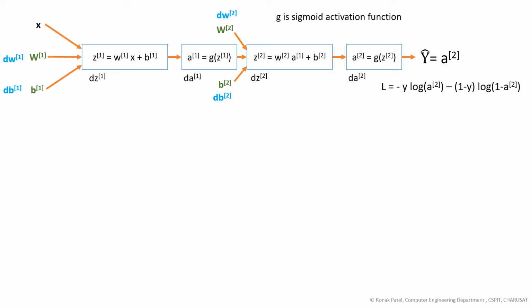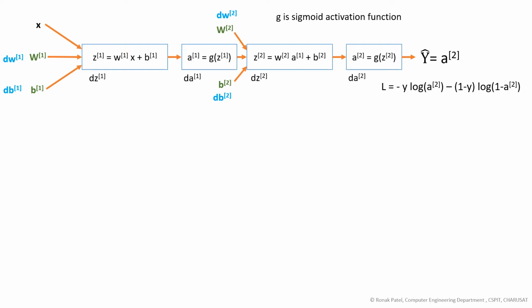That's why we find out the impact of this activation, this Z, this bias and these weights on the loss function, and this derivative indicates that.